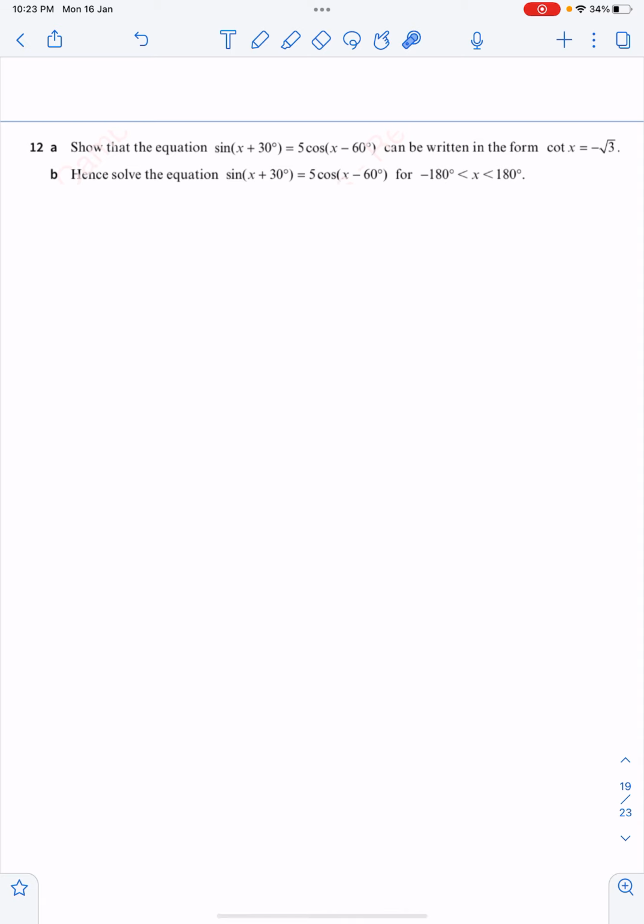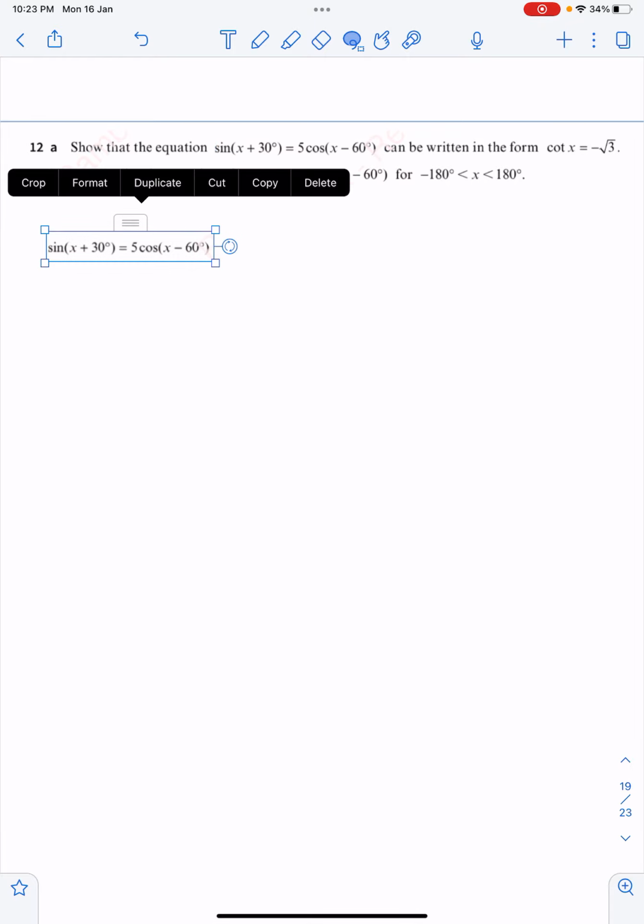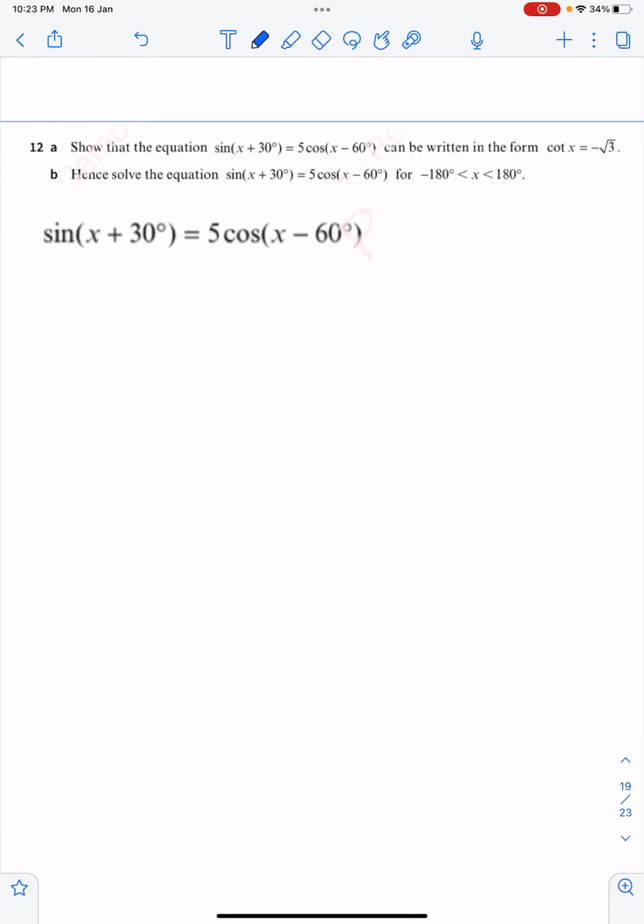Show that the equation sine of x plus 30 equals 5 cos of x minus 60 can be written in this form. Okay, let's expand this. Just copying this. So this can be written as sine of x cos of 30 plus cos of x sine of 30 equals 5 times cos of x cos of 60 plus sine of x sine of 60.